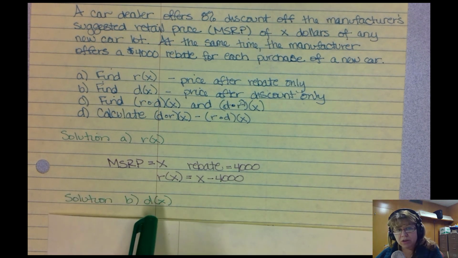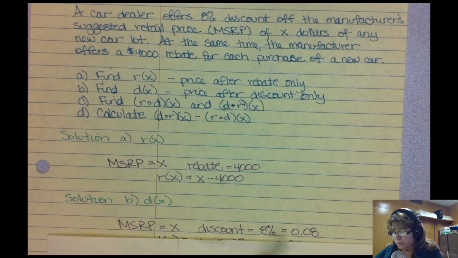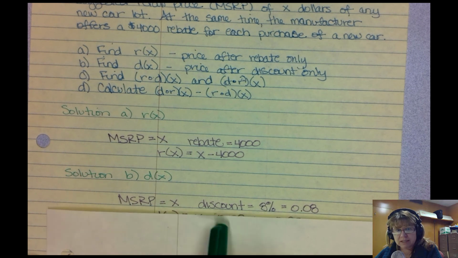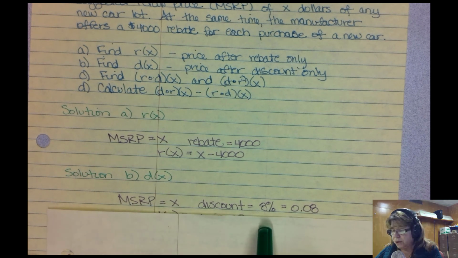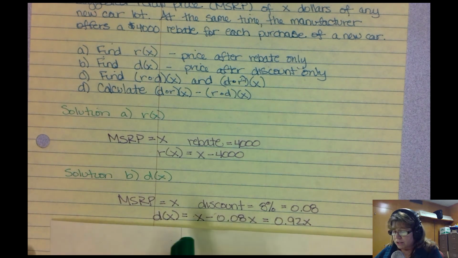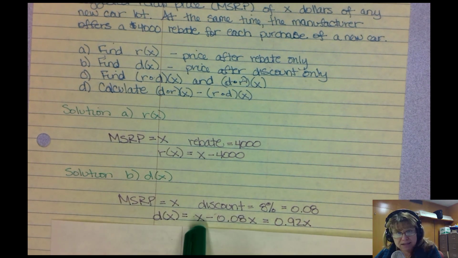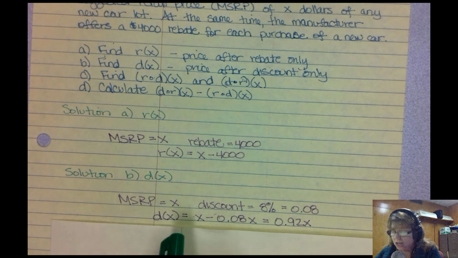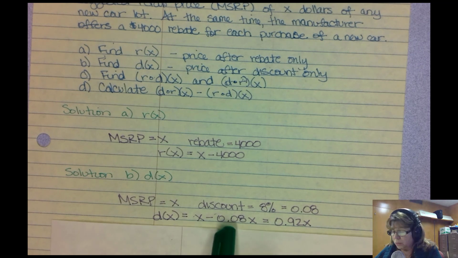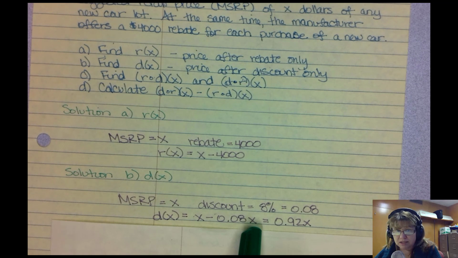Let's do the second one. Let's figure out what the price of the car would be after a discount only. All right, our MSRP is still our X value. Our discount is 8% or 0.08. The price of the car after the discount will be the price of the car minus the 8% discount, which is 0.08 times the price of the car.